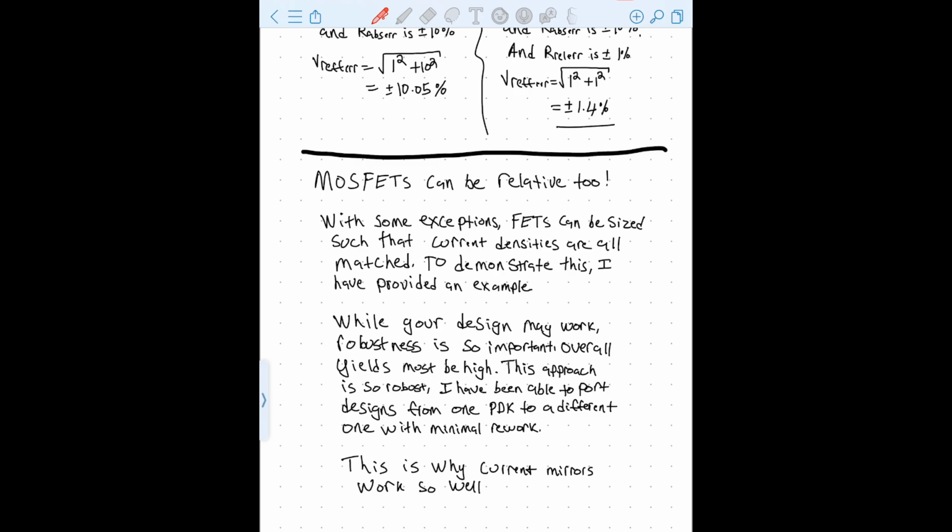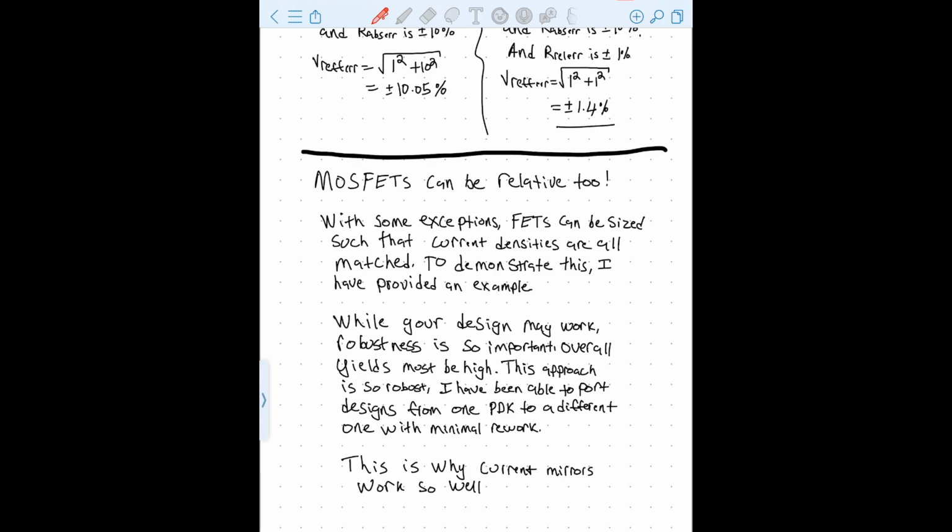Of course, there's always going to be some tweaking. You need to get things back in the region of operation you're looking to work, for your device to work, but still it works well, and just highlights how robust your design can be if you follow a ratiometric approach.